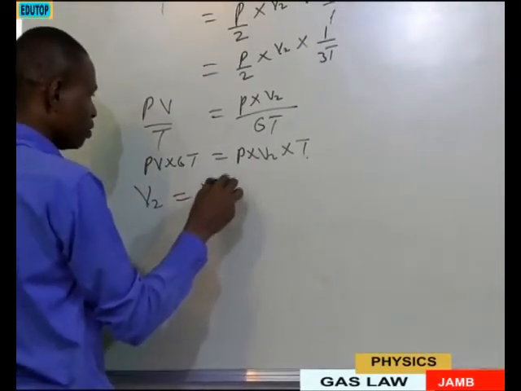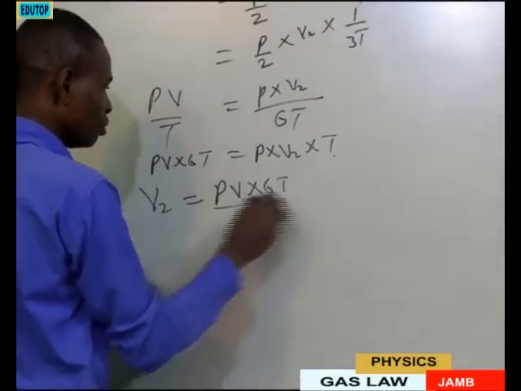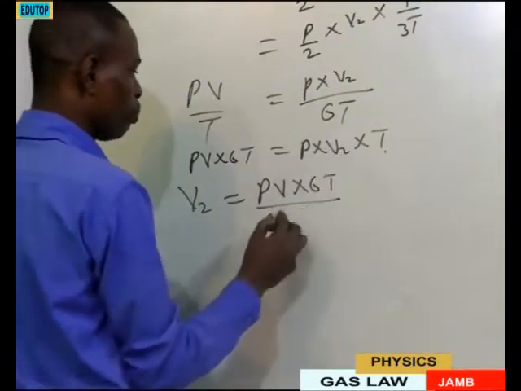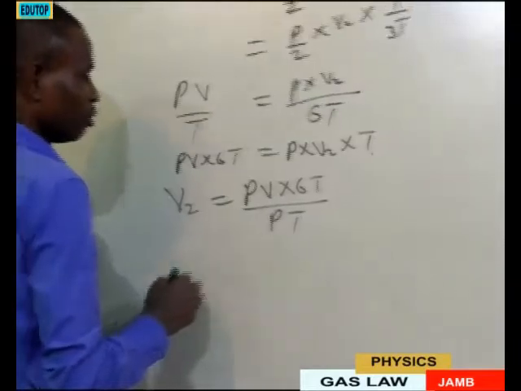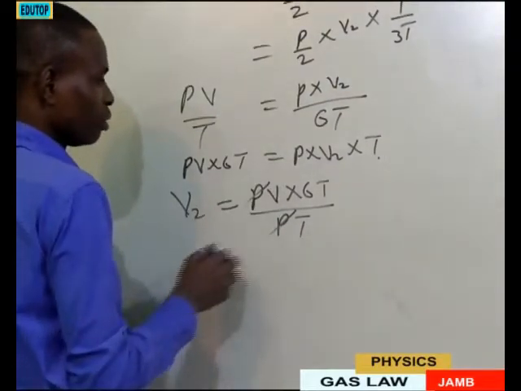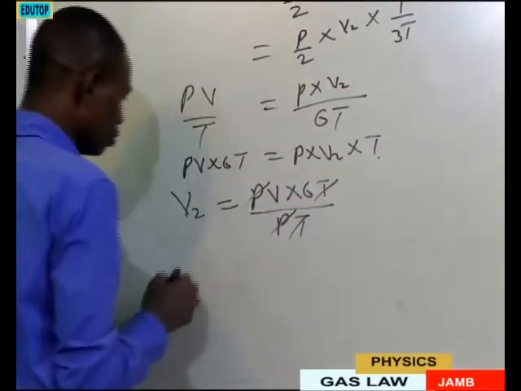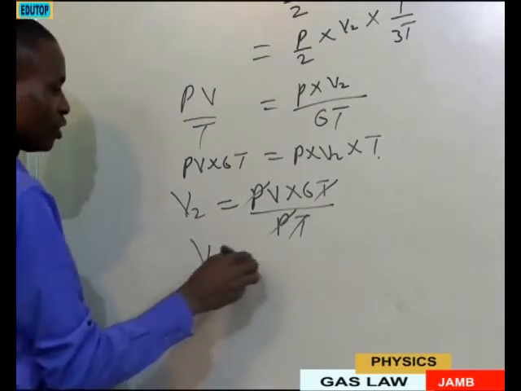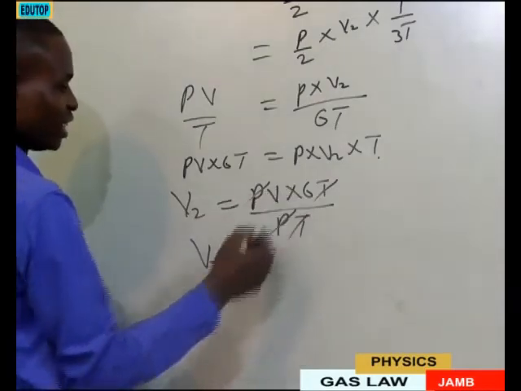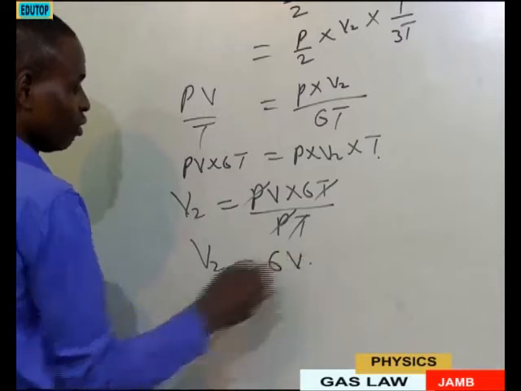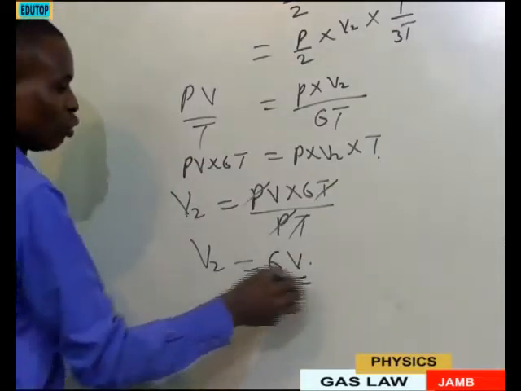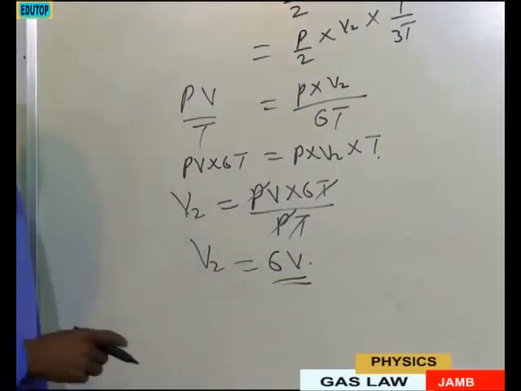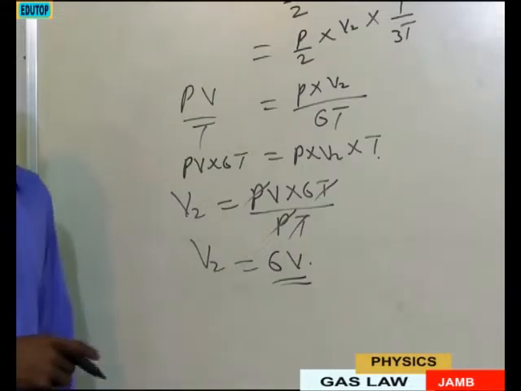PV times 6, when we have removed this one, we have PT. P cancels P, T cancels T. What we are having left is V and 6, 6V. And that will be the value of V2.